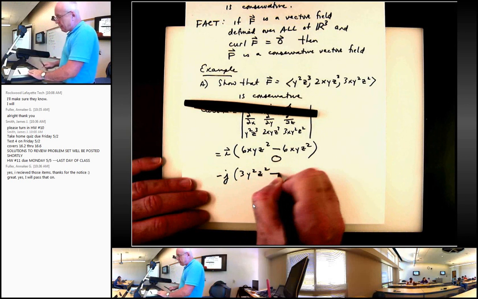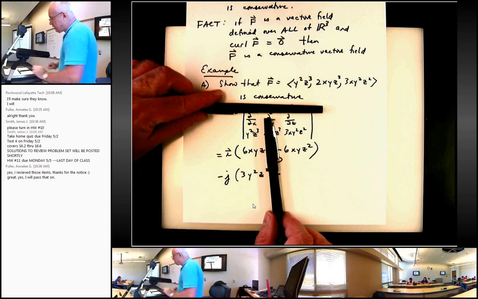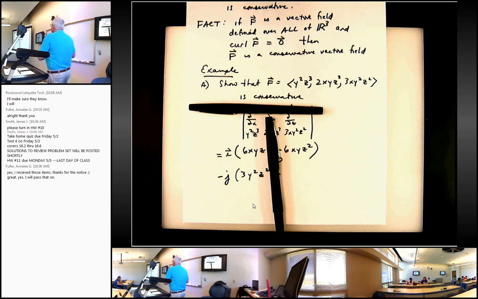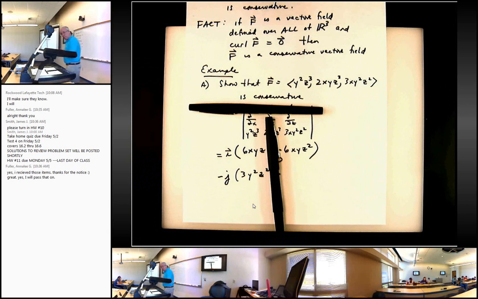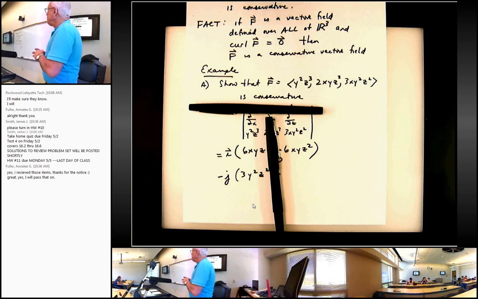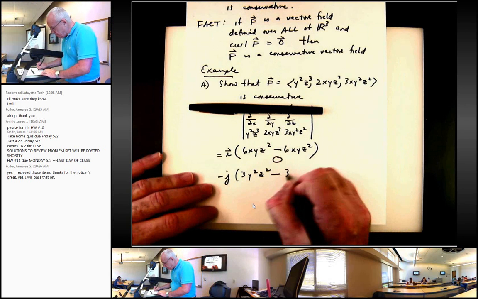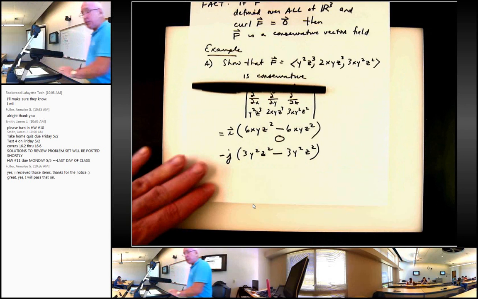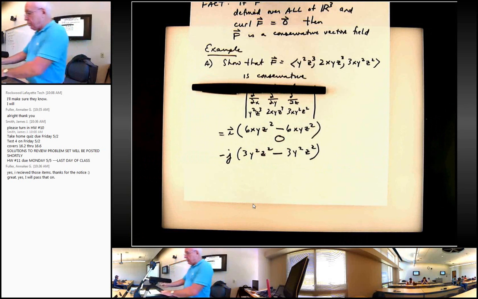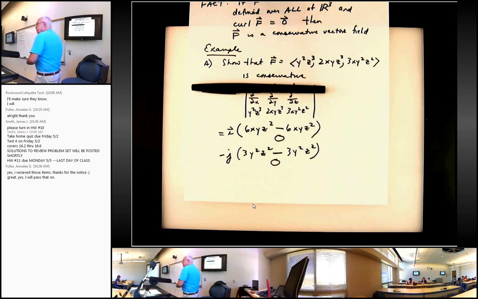And then we have a minus. And then we look at our up diagonal, del/del z of y squared z to the third. Z is my variable, so that's going to be 3y squared z squared. Close parentheses. And again, we have the same terms subtracting, so we get another 0.